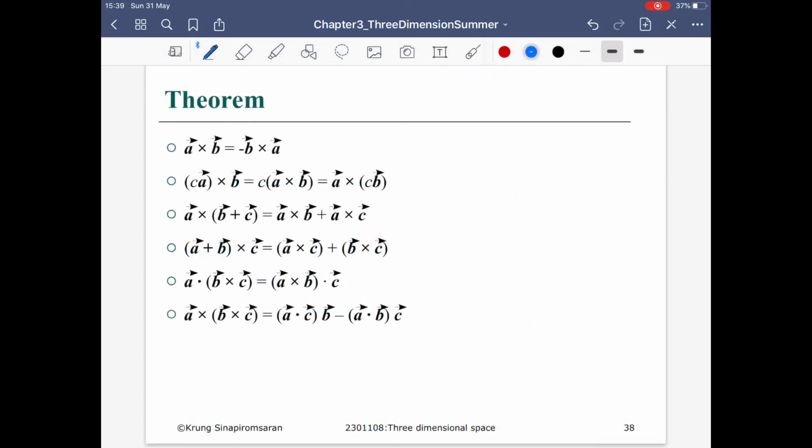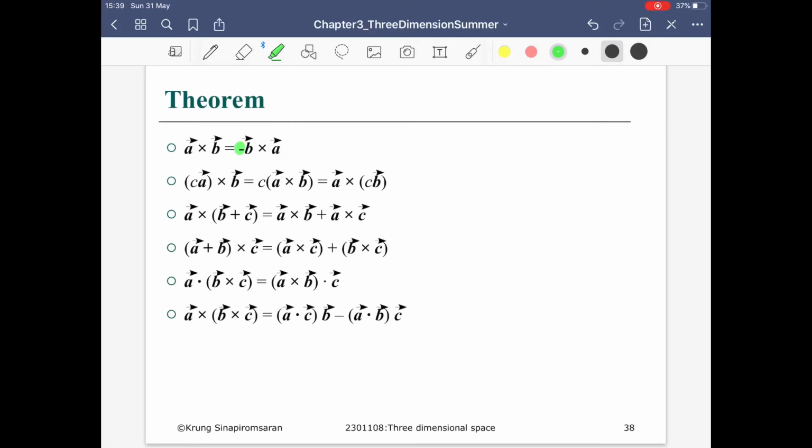Next, there are plenty of theorems concerning the cross product, but because the cross product is more difficult than the dot product, all the theorems will be something different. For example, the first one, A cross B is actually not the same as B cross A, but you get an extra negative in front of it.